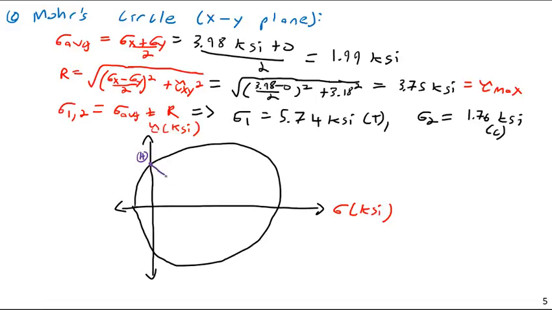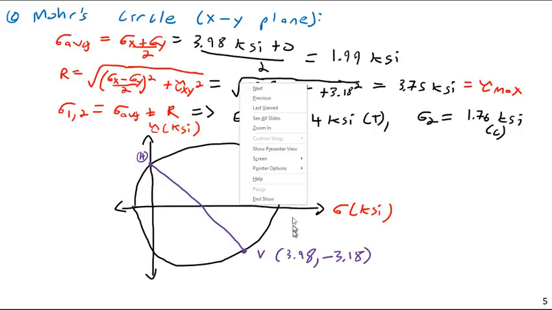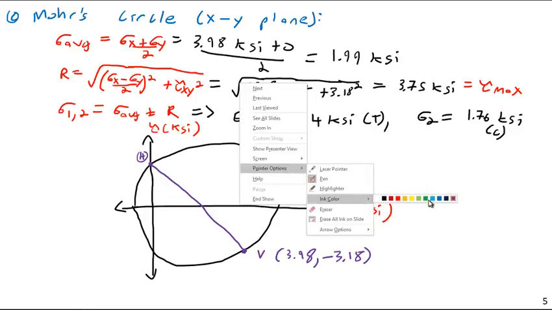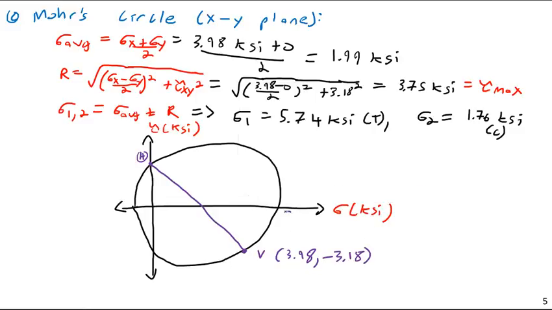And so the diameter is formed down here. And this is V, which is the 3.98 comma negative 3.18. And these are our sigma 1 and sigma 2 values here. And that's a very crudely drawn Mohr circle.